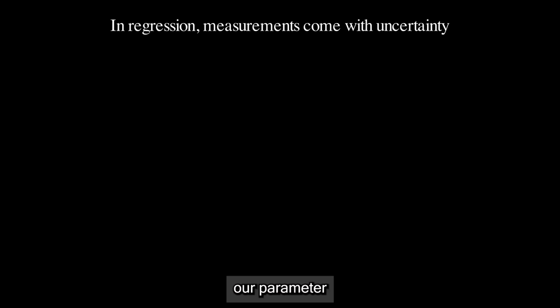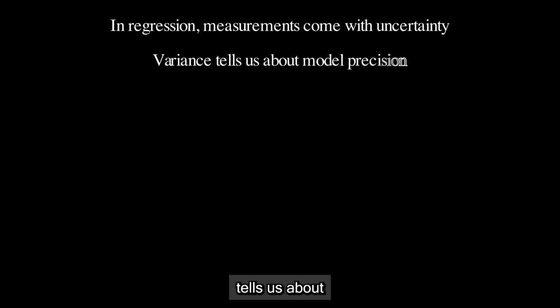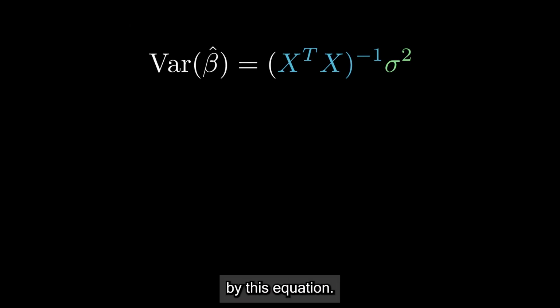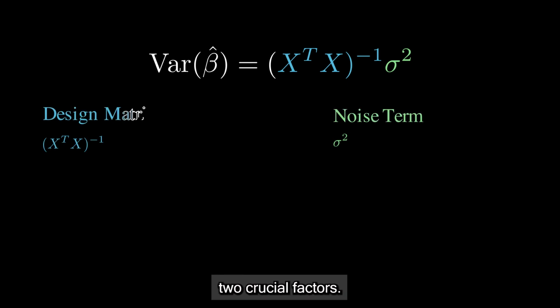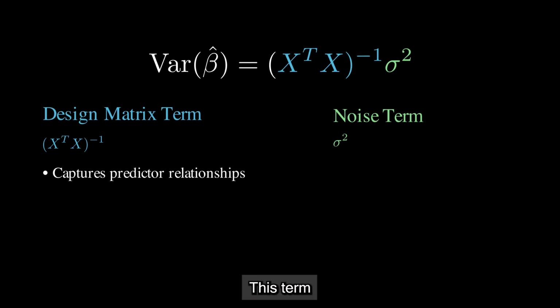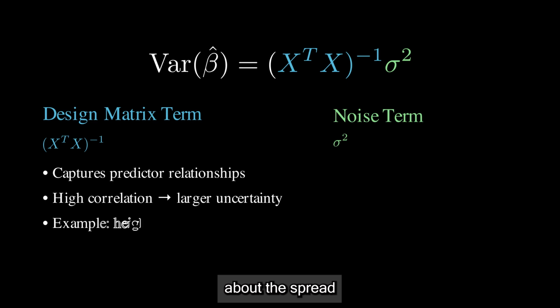The variance of our parameter estimates tells us about the precision of our model. The variance covariance matrix is given by this equation. This formula contains two crucial factors. The first one, (X transpose X) inverse, tells us about the spread and correlation of our predictor variables.